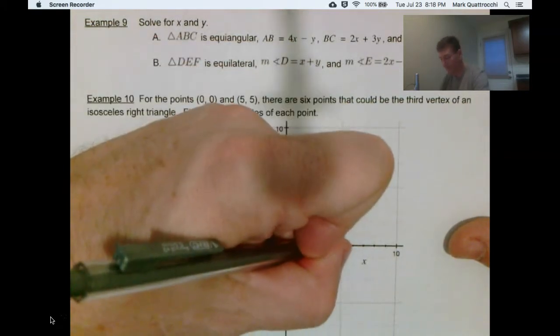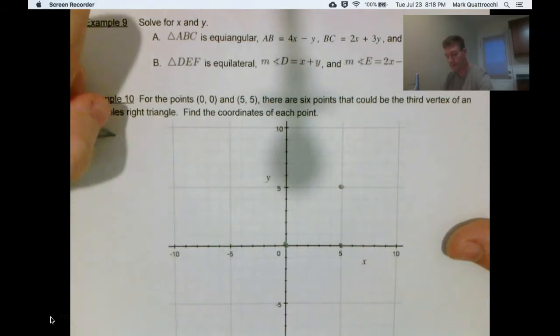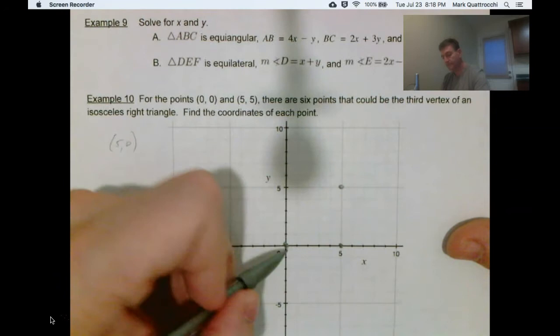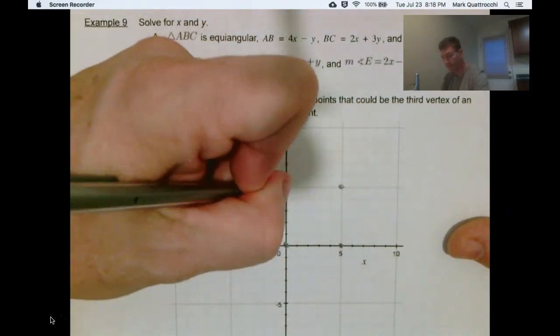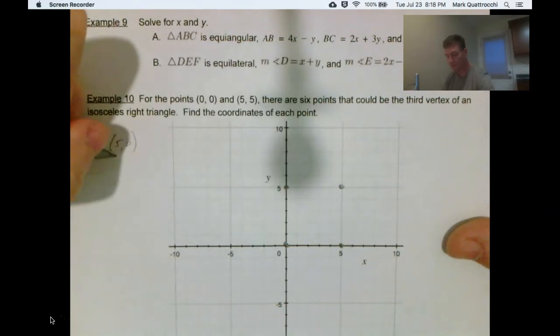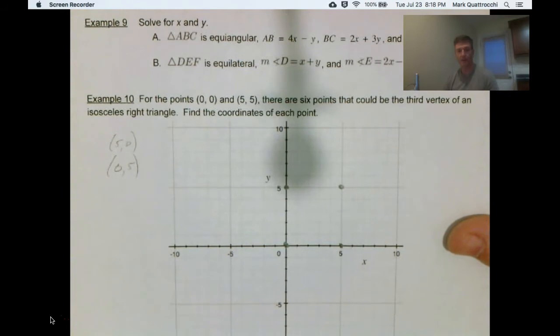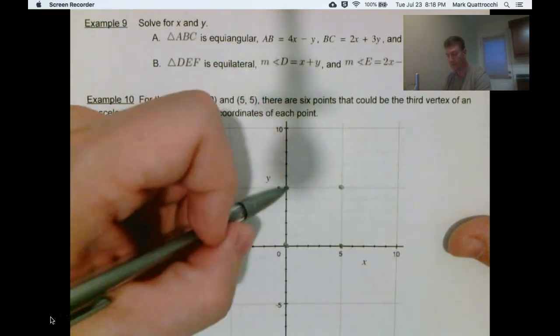Well, isosceles right triangle. We could have one here at 5, 0. That would make an isosceles right triangle here. 0, 5 would make a right triangle up here, isosceles right triangle, where these two sides would be the same.